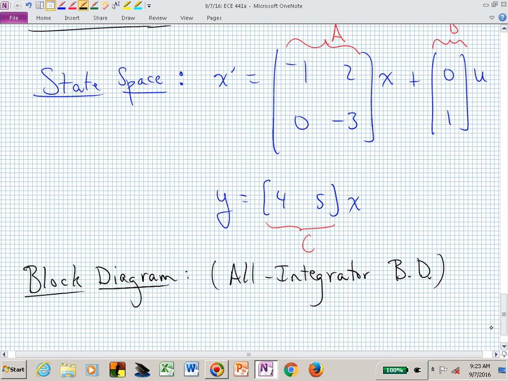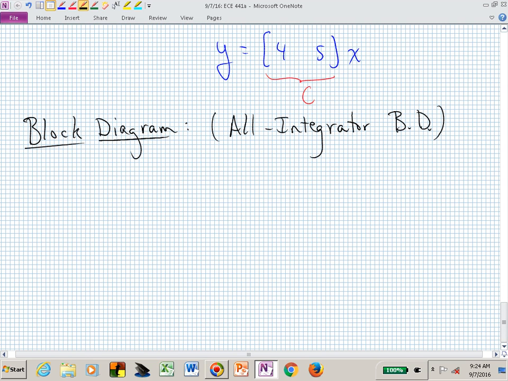How many integrators do we need to introduce or have in this block diagram to model this system? How many derivatives do you have that you actually need to integrate to generate? Your block diagram is really a way to simulate or evaluate or describe the dynamic behavior of your system. You have two. You have an x1 prime and an x2 prime.